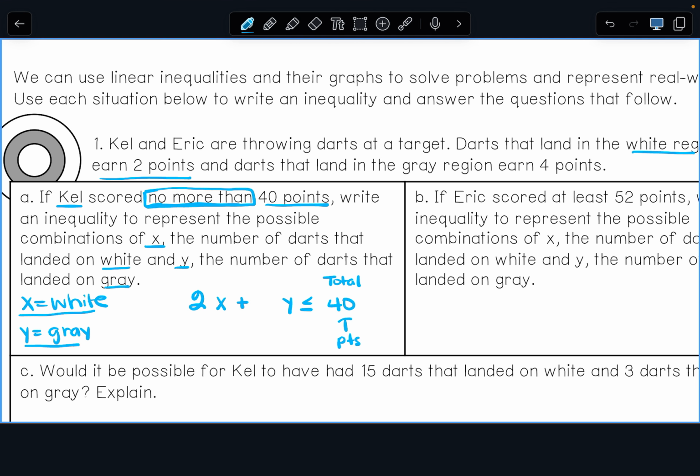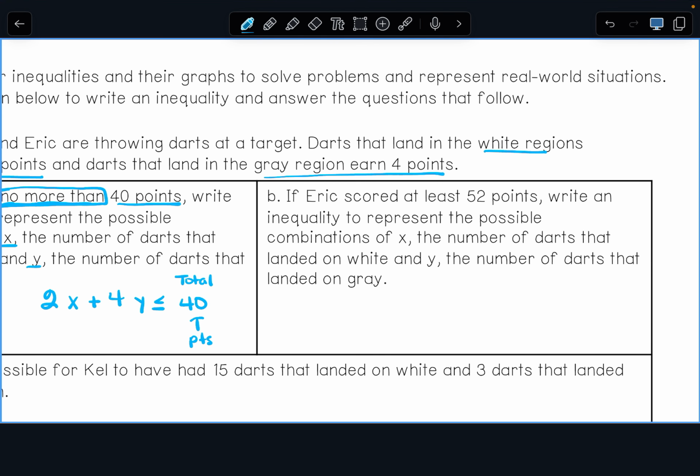Y is gray. The gray region earns 4 points. So 2 points per white region, 4 points per gray region. Now we solve. Does it say anything about solving? No solving involved here.